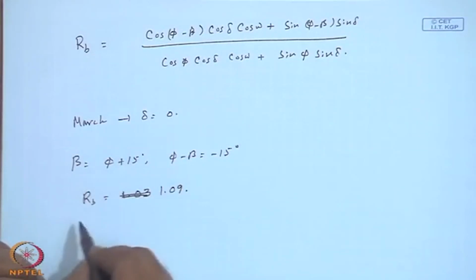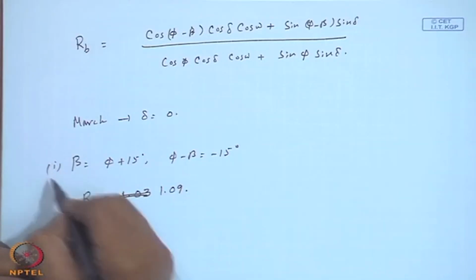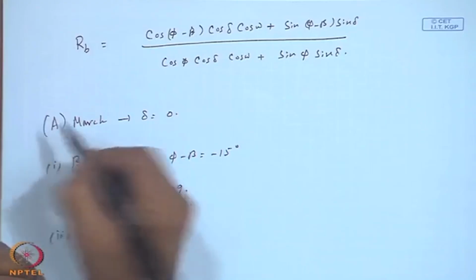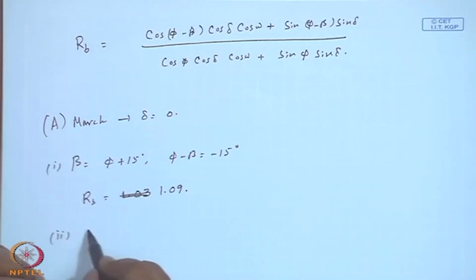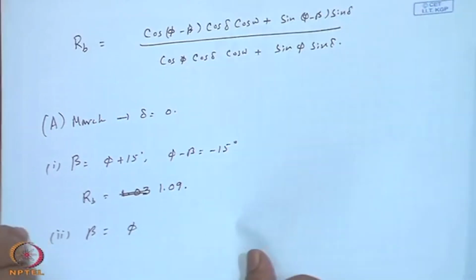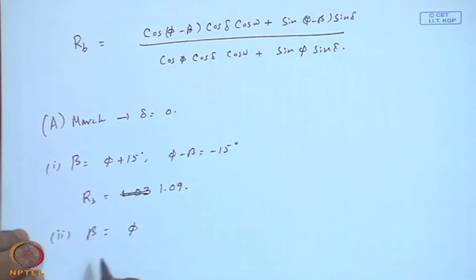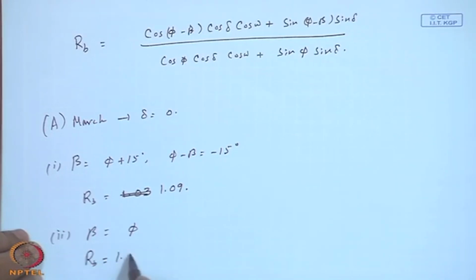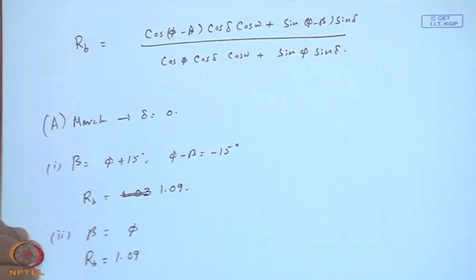And second case, so this 1, 2, this I may call it A March. So, beta equal to phi, and RB turns out to be 1.09. I am just wondering whether it is the same.